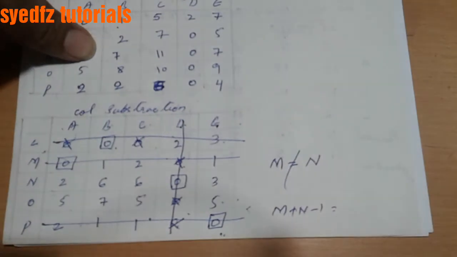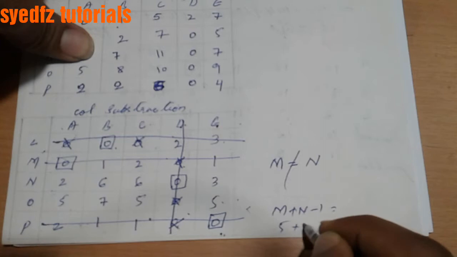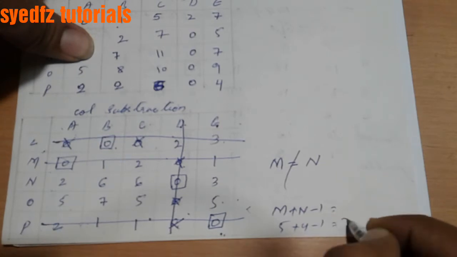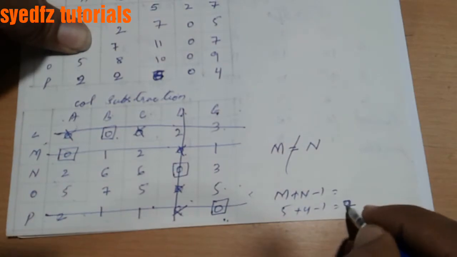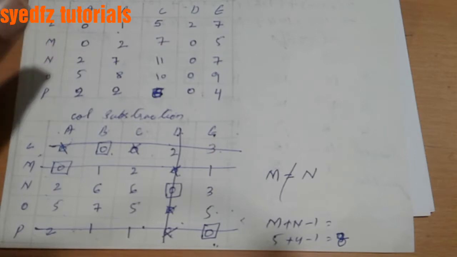These are not satisfied. M is 5 plus 4 minus 1, 8. So it's not equal, so we have to draw another table.